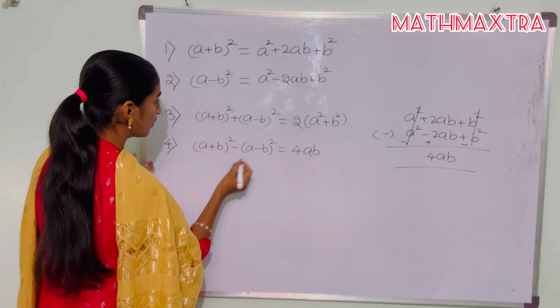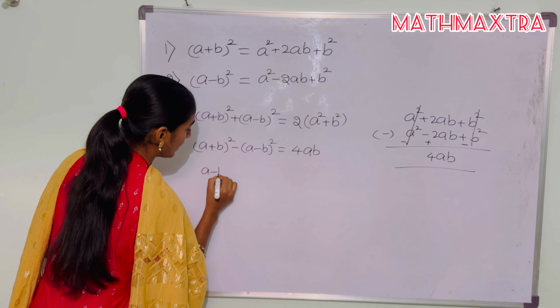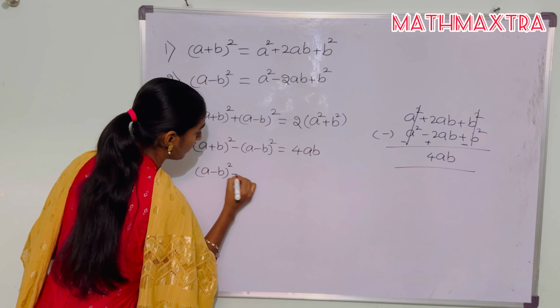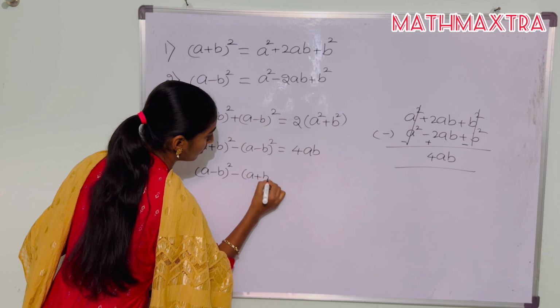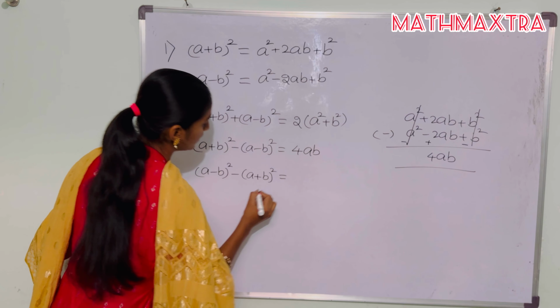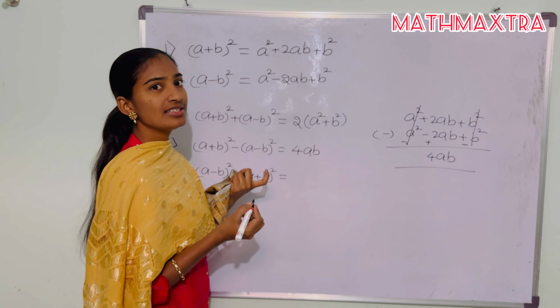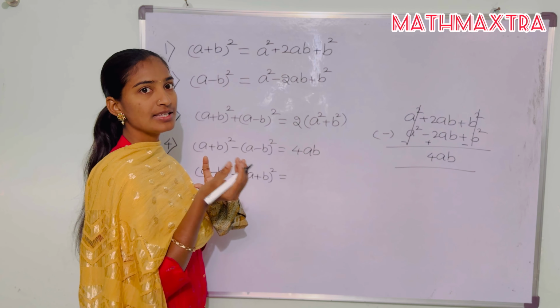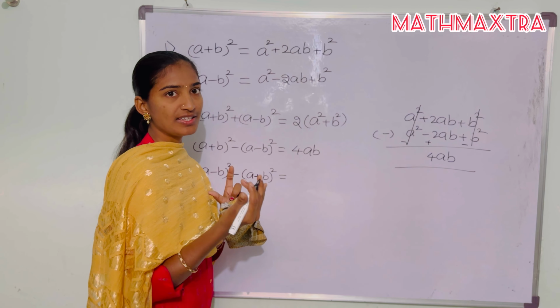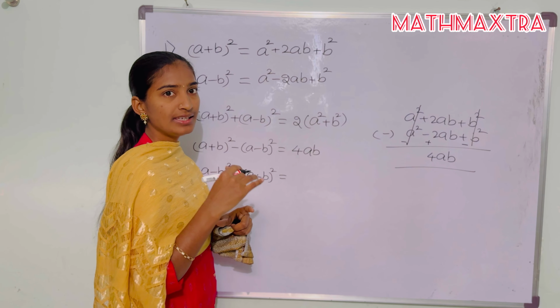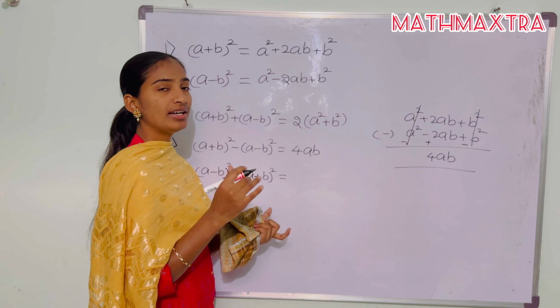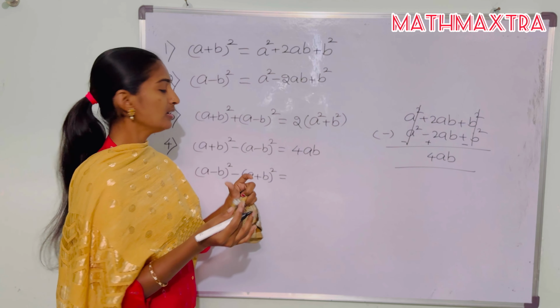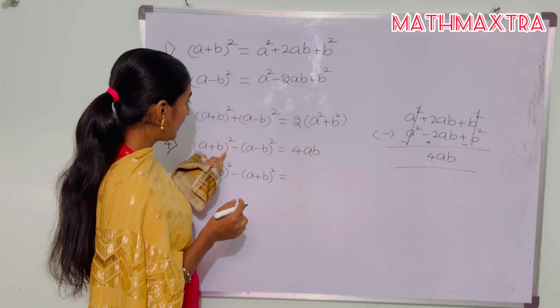If you write this as (a - b) whole square minus (a + b) whole square, what happens? We have discussed this in the properties of subtraction. If we calculate a minus b, then b minus a is simply minus of that expression, right? So this is like a and b.